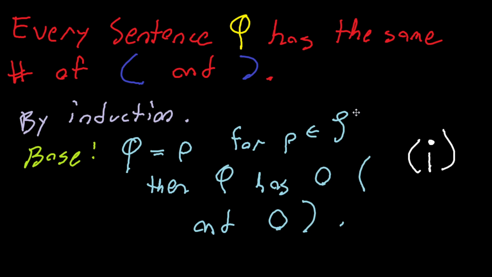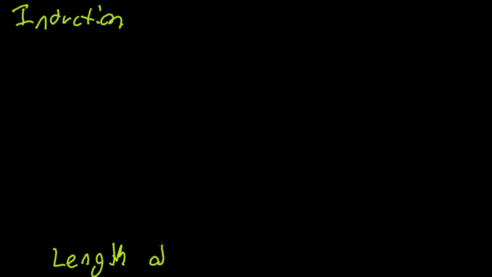Okay, so that's the base case, and now we'll move on to the induction. And technically speaking, this induction is done on the length of phi. So just practically the number of symbols within phi.